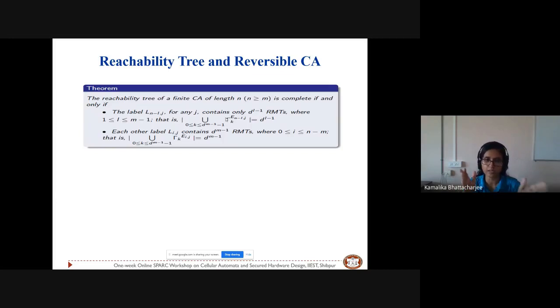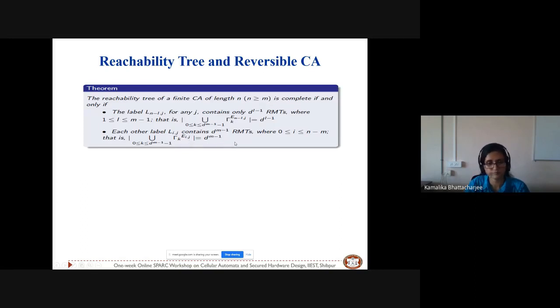For the last few levels, the spatial levels, the total number of RMTs present in an edge at level n minus L should be d to the power L minus 1, where d is the number of states and L is the specific level number. All other levels, which are not the spatial levels, will have d to the power m minus 1 RMTs in those edges.